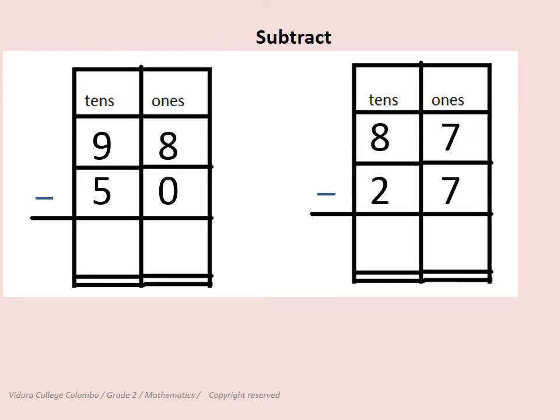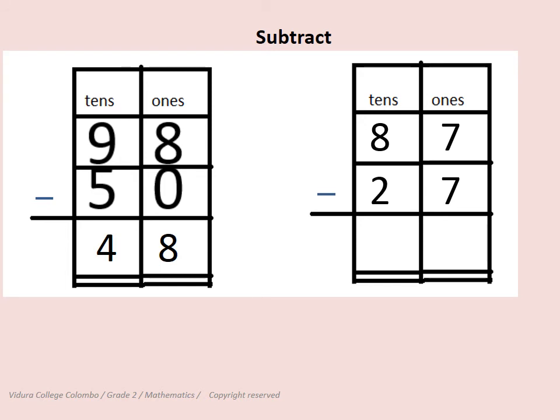Let's subtract and find the answers. 98 minus 50. We are starting from 1's column. 8 minus 0. The answer is 8. 9 minus 5. The answer is 4. So 98 minus 50. The answer is 48.